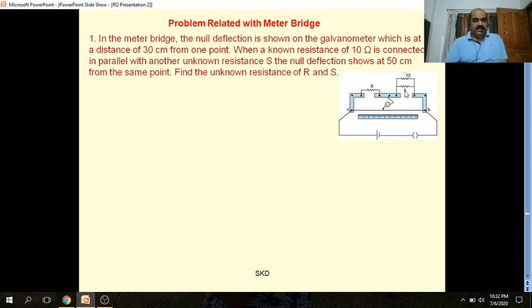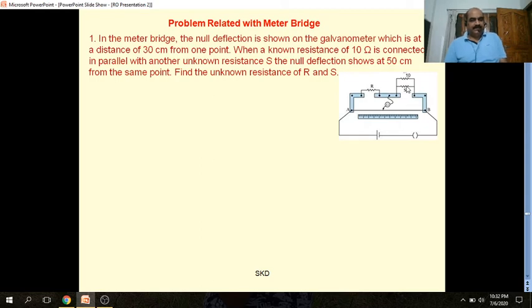What information is conveyed is that when only R and S are connected, the balance length is 30 centimeter, and when a resistance of 10 ohm is connected in parallel to S, the null deflection shows 50 centimeter.